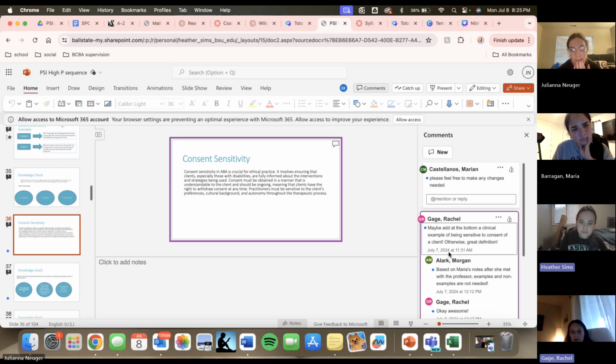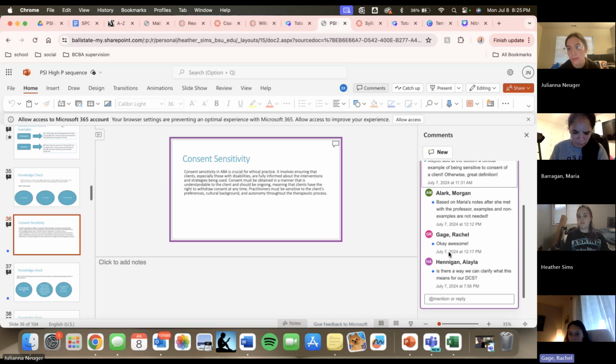I thought maybe adding a clinical example or an everyday example, again, for someone maybe not familiar with this concept of consent sensitivity and its importance. And I think some other people also made some comments under there. Morgan let me know on Maria's notes that she had met with the professor and examples weren't needed. So I was like, okay, awesome.